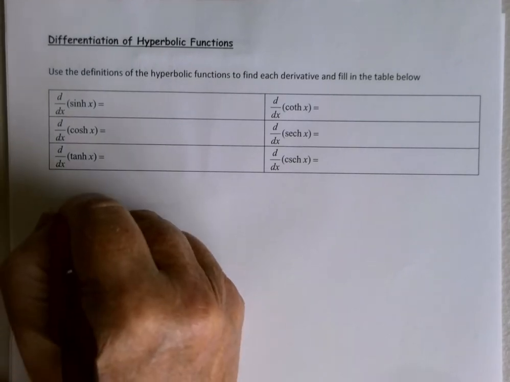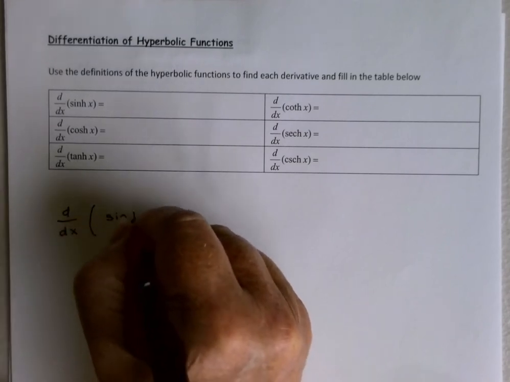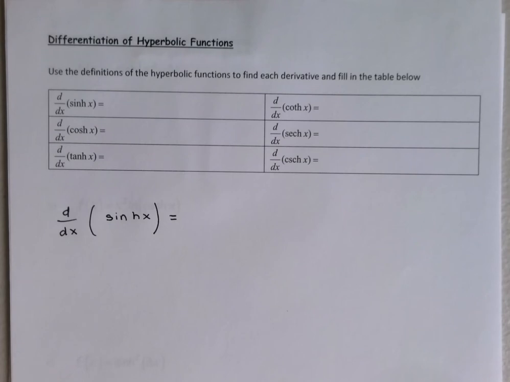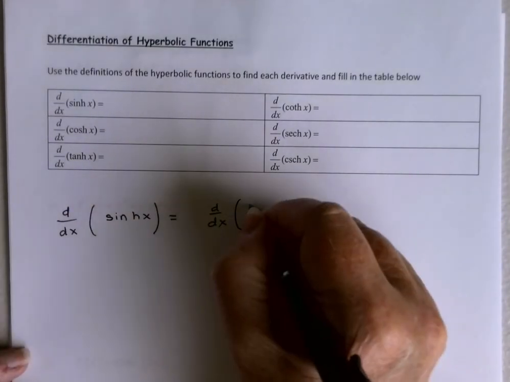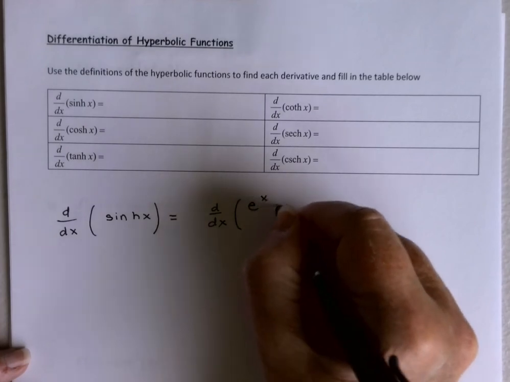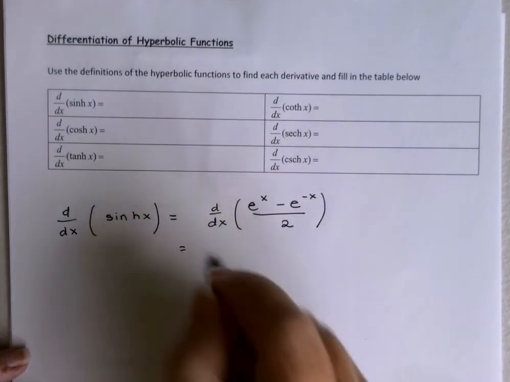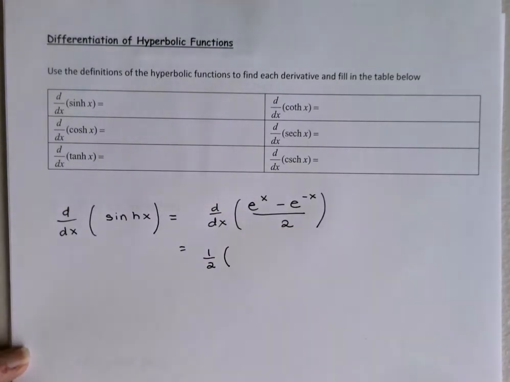So let's figure out from the basic definition what the derivative of hyperbolic sine x would be. I'm suspicious that it'll be something like hyperbolic cosine, since that's the derivative of sine, right? It's cosine. But let's see. If I take the derivative, and I'm just going to put in the definition of the hyperbolic sine here, the 2 in the denominator is just a constant, so I can just think of that as a multiplier of 1/2.